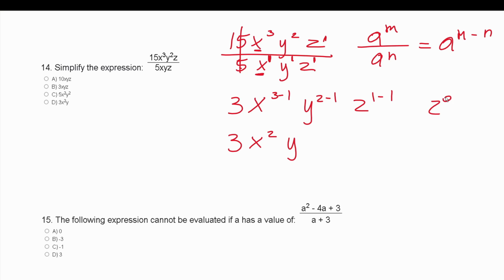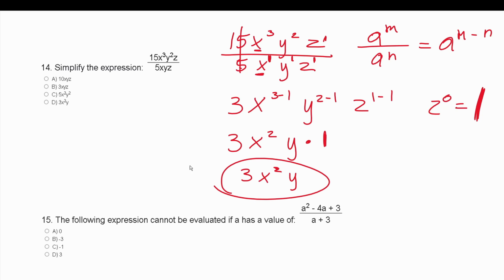That is z to the 0. Anything raised to the 0 power is always going to be 1. Okay? So this becomes times 1. In light of the fact that anything times 1 is just itself, we can actually get rid of that 1. So this is 3x squared y in simplest terms, which we can see is answer choice D.